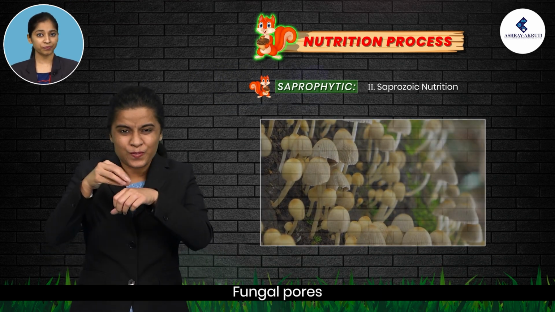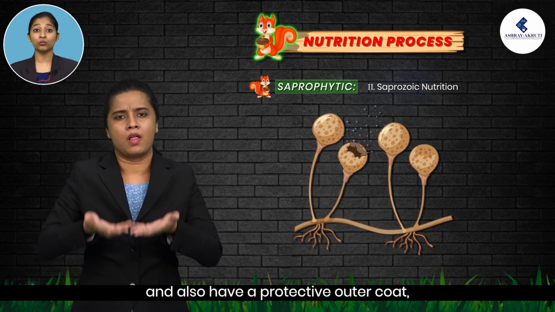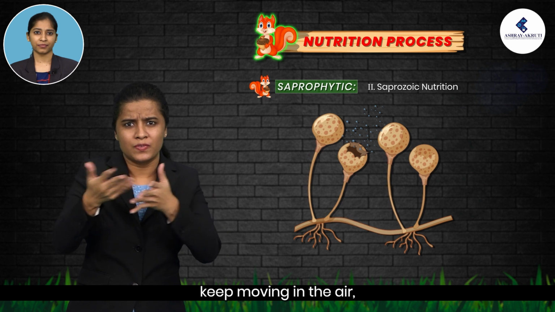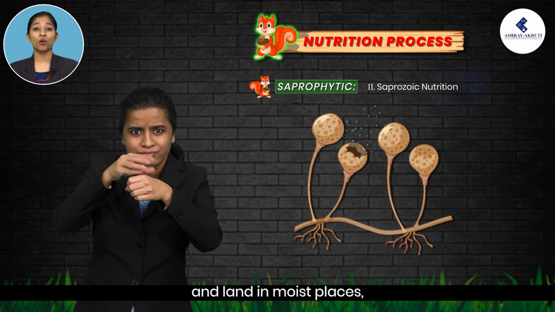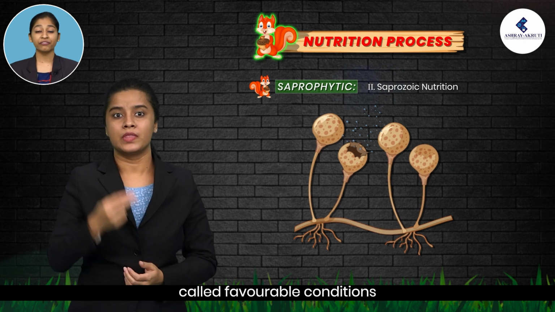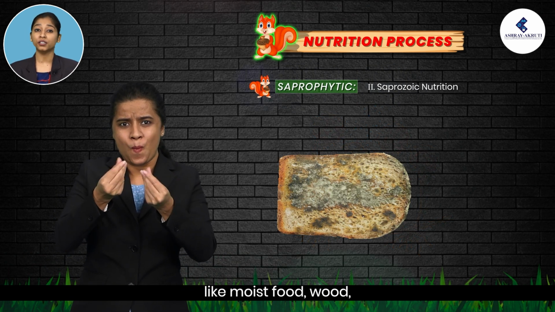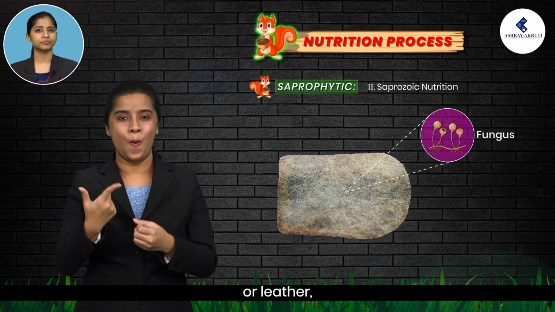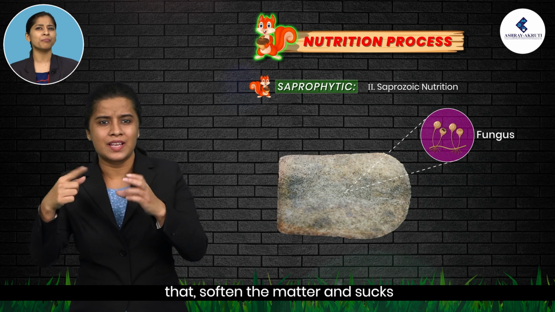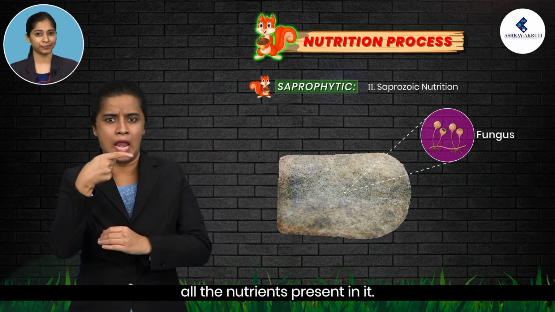Fungal spores, which are light in weight and also have a protective outer coat, keep moving in the air and land in moist places with favorable conditions like moist food, wood or leather, and it releases enzymes that soften the matter and sucks all the nutrients present in it.